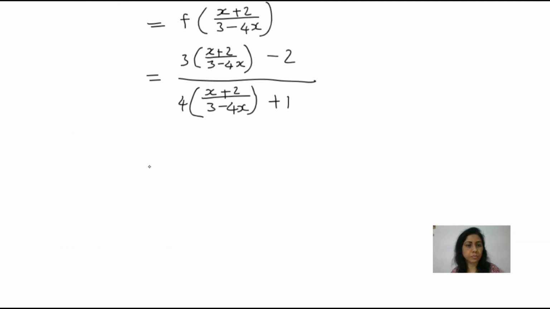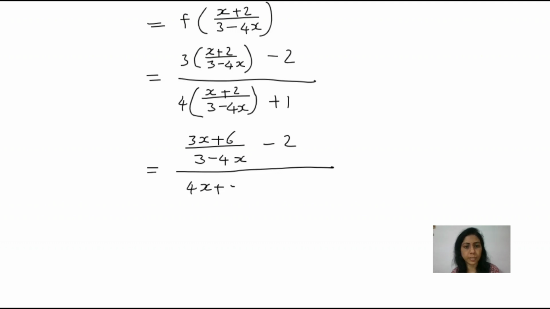We can simplify this. So this is (3x + 3 times 2, 6), 3 multiplied with this, divided by (3 - 4x), minus 2. And 4 multiplied here, so this is (4x + 8) divided by (3 - 4x), plus 1.